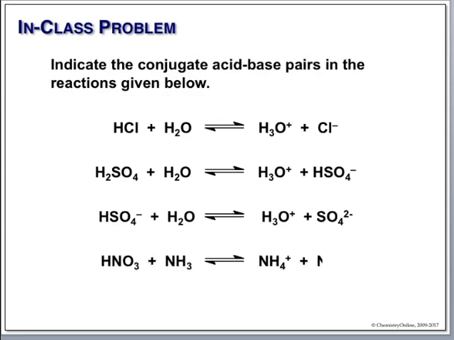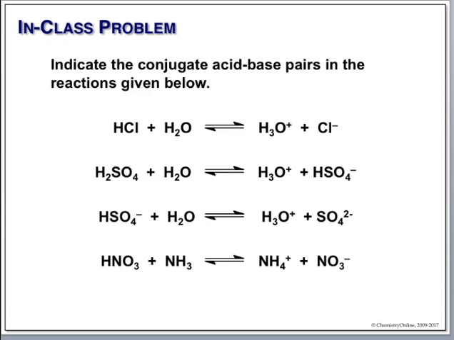Look at these. Identify in each the conjugate acid-base pair. With HCl and water, what donates the proton? HCl does.